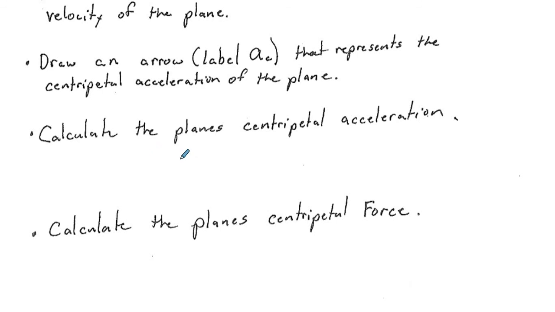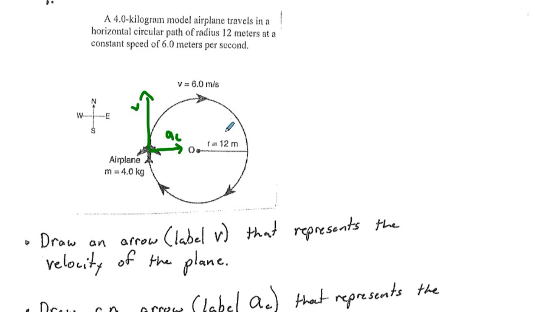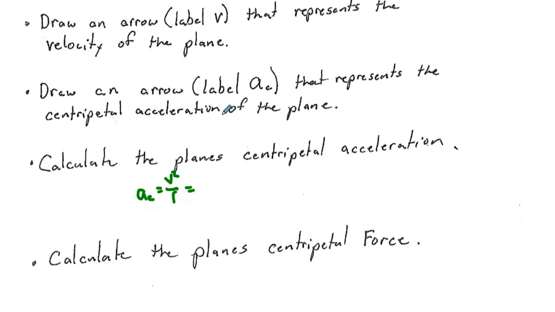If I want to find that centripetal acceleration, the centripetal acceleration is v squared over r. If we go back up, we have a velocity of 6 and a radius of 12. So that is 6 squared over 12. 6 squared is 36. 36 over 12 is 3. So we get 3 meters per second squared.